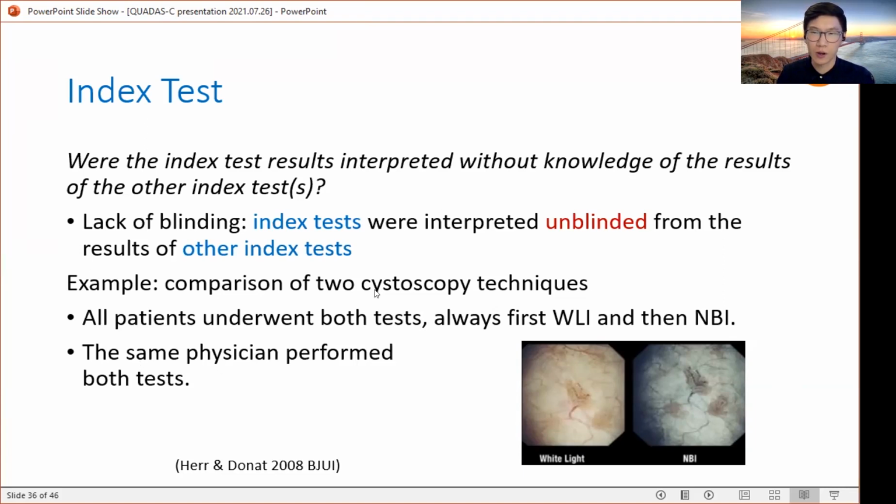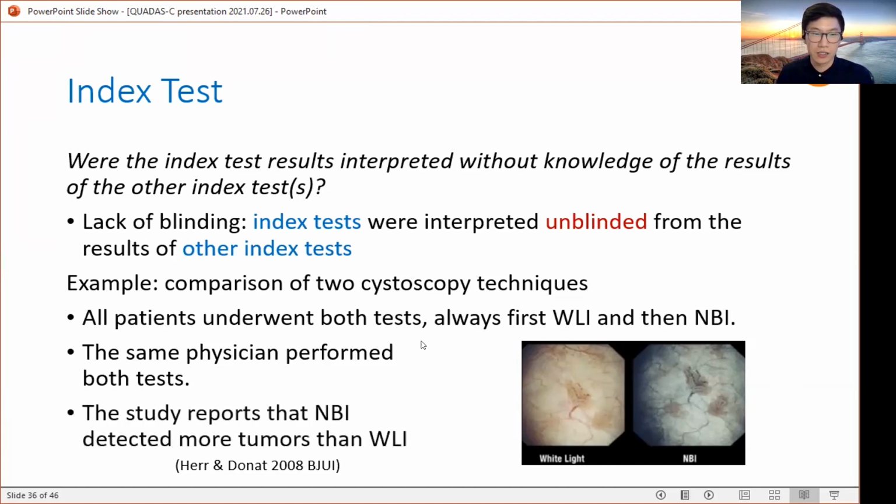Now, it's not very hard to see why there's a risk of bias here, because when performing the second test, the narrowband imaging, the clinician performing the test would obviously know which tumors were found during scanning with the white light. So he cannot really forget what tumor he had just seen. So the study reports that NBI detected more tumors than the white light imaging, but the question is, was it really due to the index test type?